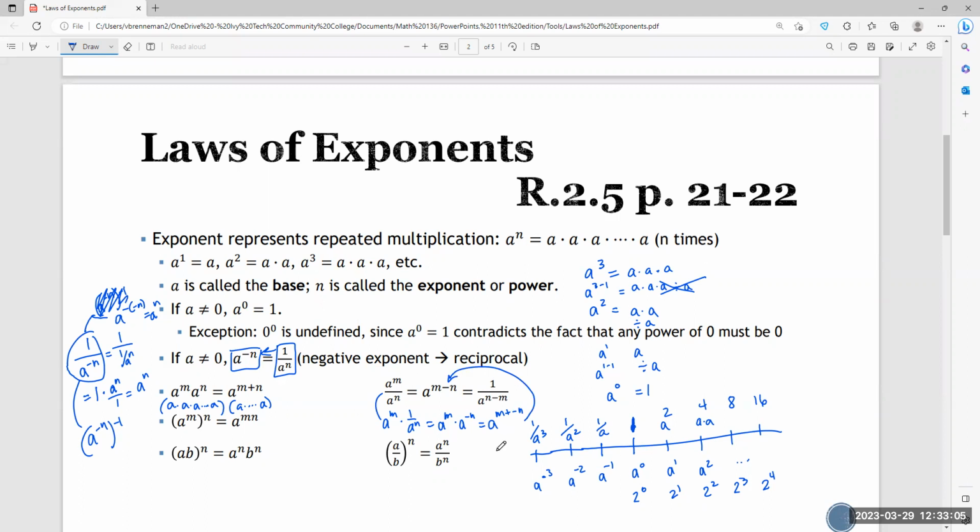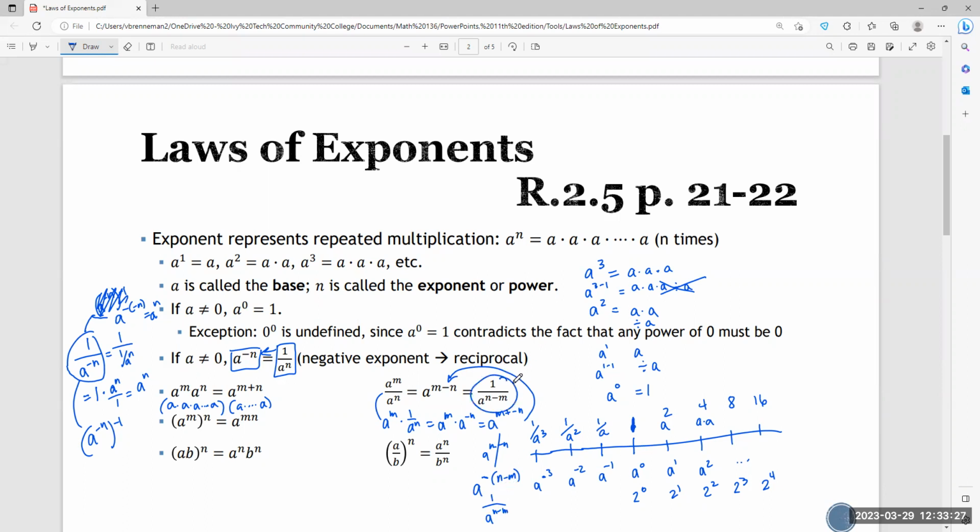But m minus n can also be thought of as the opposite of if you subtracted n minus m. So that would be 1 over a to the n minus m.